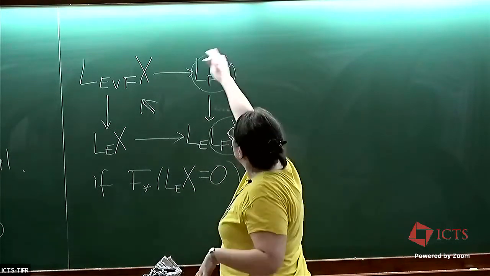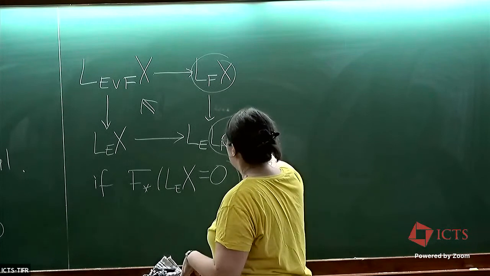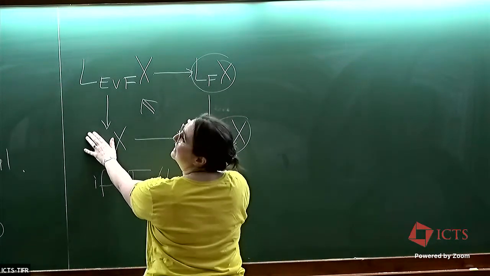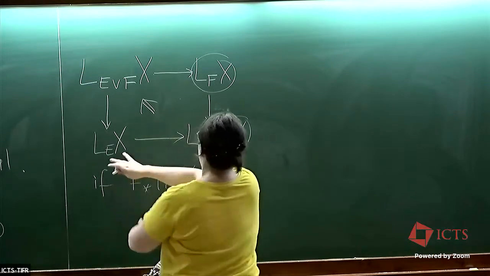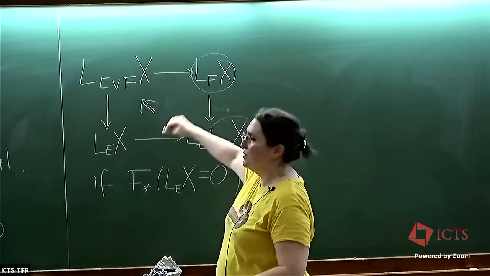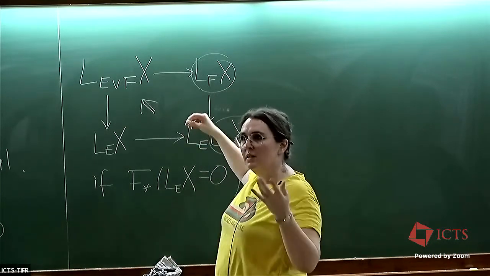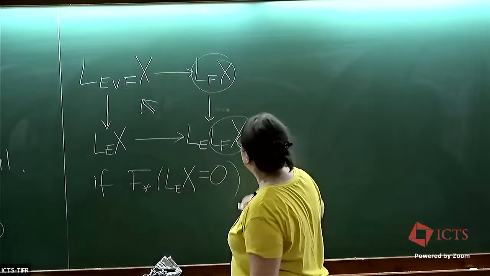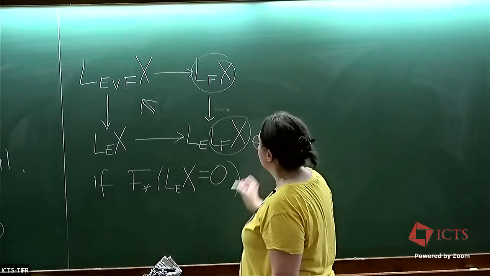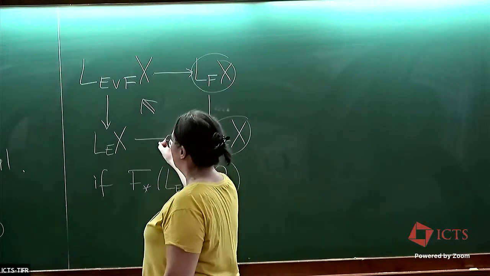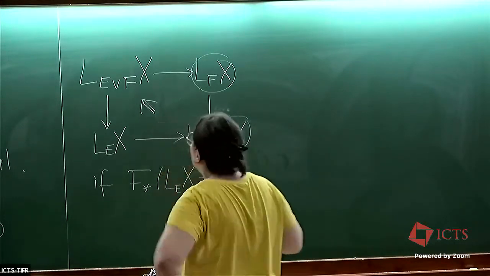So here you take this and you E-localize it, and there you F-localize and apply LE to the entire bottom row. So it is not a symmetric situation. You cannot just swap these two legs around and get the same thing. So here you E-localize, and here you apply E-localization to the F-localization.